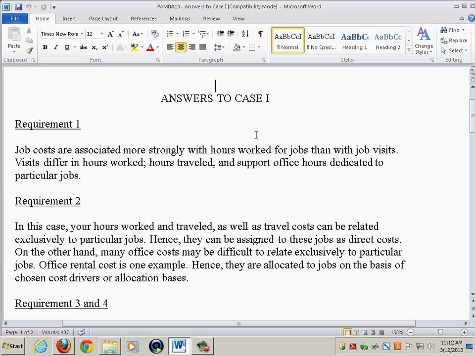So therefore, if you use hours worked and hours traveled, it's a better indicator, and it's more closely associated with the costs of working on those projects, A1, A2, and B1. So that's basically the justification.